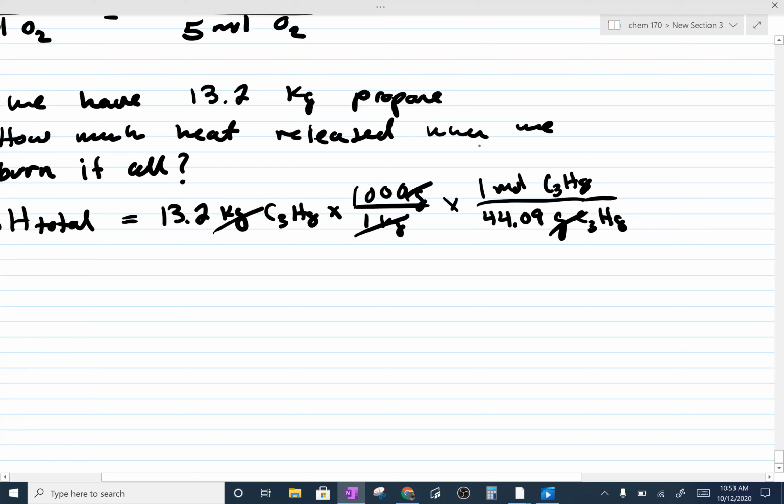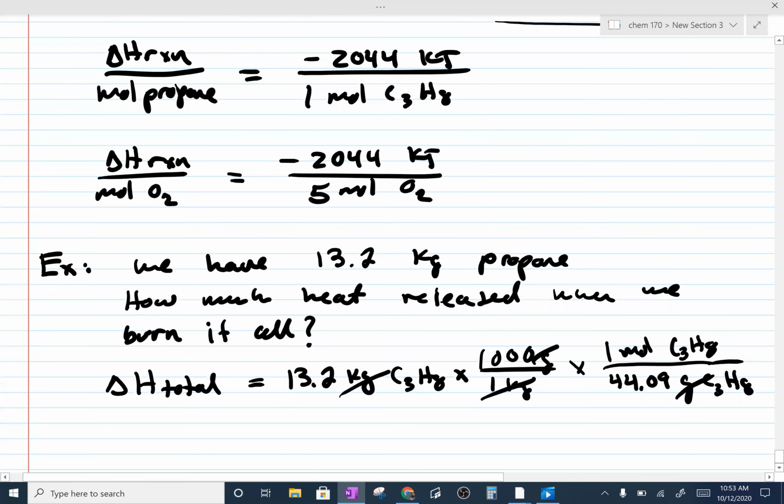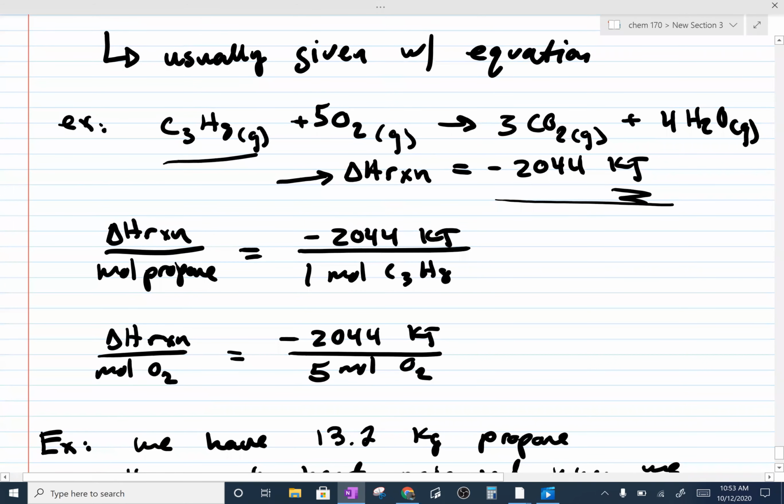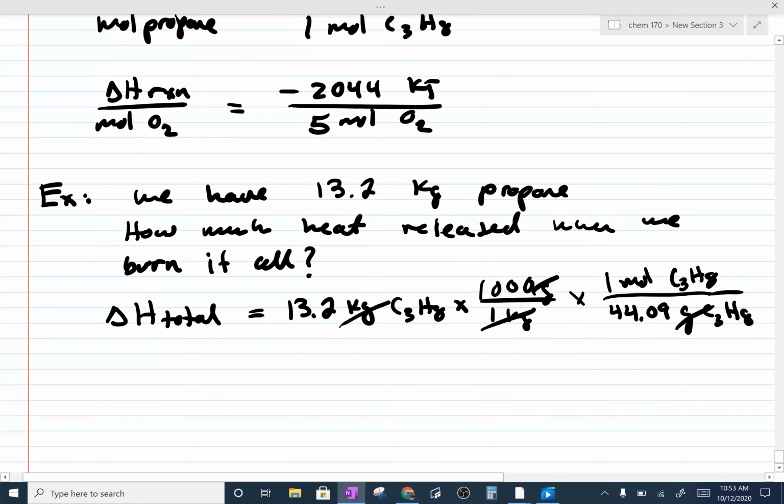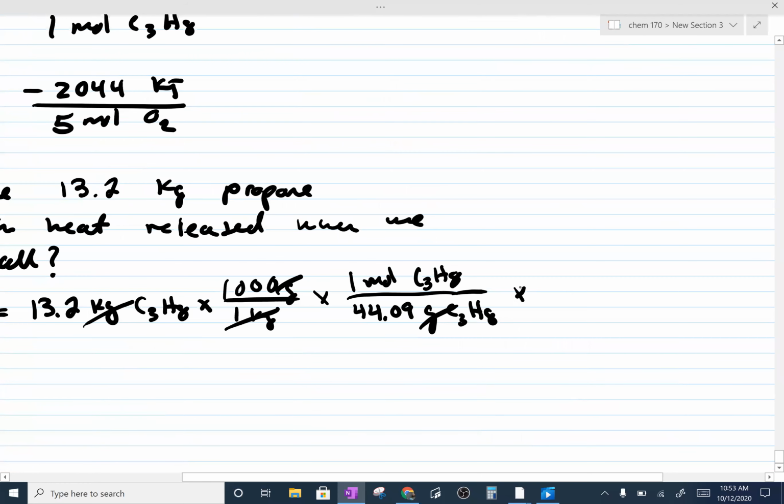Okay. Now we need to use the conversion of essentially delta H reaction to total number of moles that we get from the stoichiometric equation that we have above. Let's look up here. So it's negative 2044 kilojoules of heat energy per 1 mole of propane that's burned. So then we multiply this by negative 2044 kilojoules per 1 mole of C3H8.